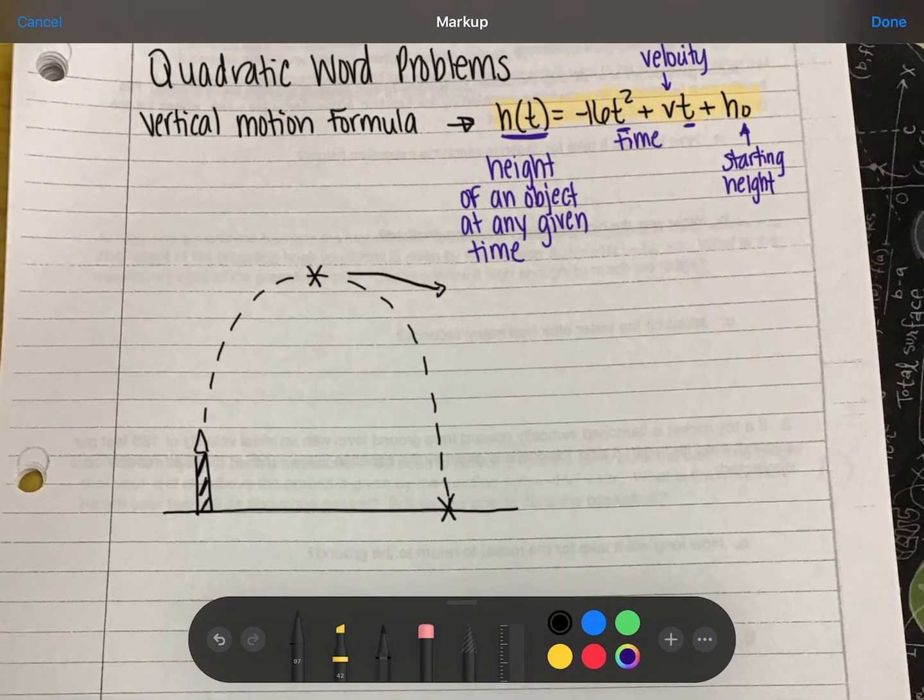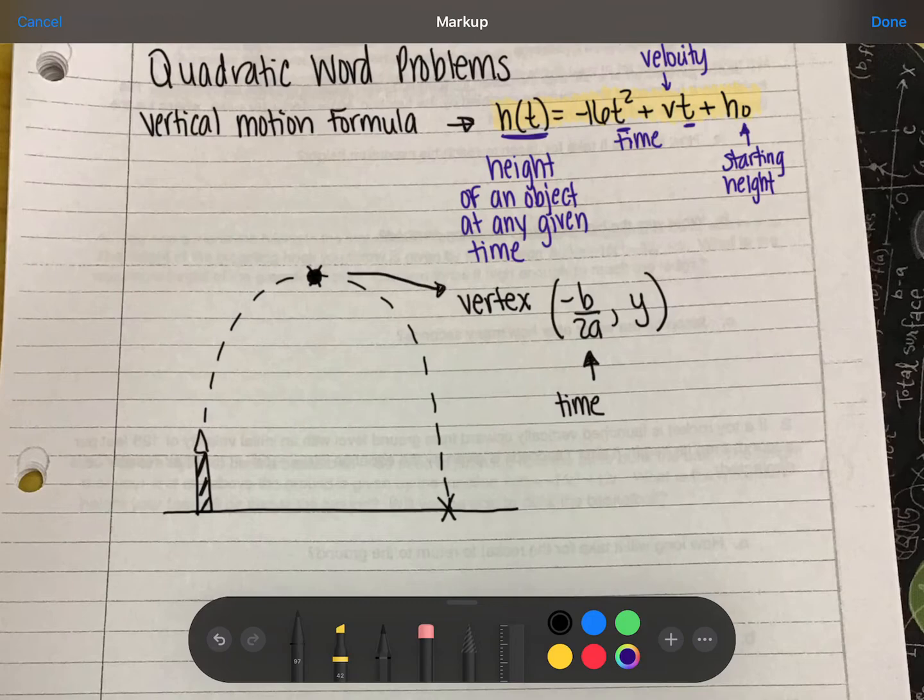So this top point here is my vertex, which we already know. We've studied vertex, and we know how to find vertex. You use negative b over 2a, and then you plug that value in to get the y-coordinate of the vertex. And so when you're dealing with word problems, this negative b over 2a represents the time it takes for your object to get to the maximum height. So how long does it take the rocket to get to the maximum height?